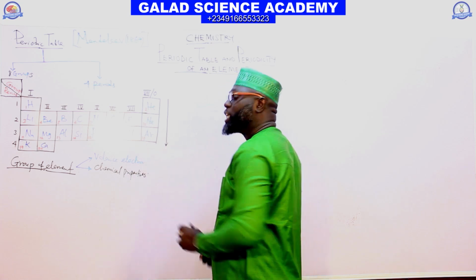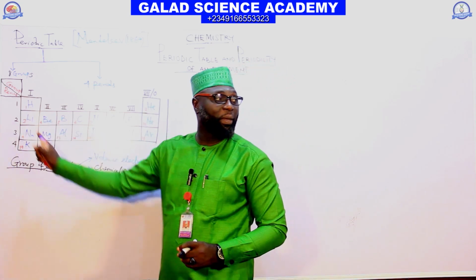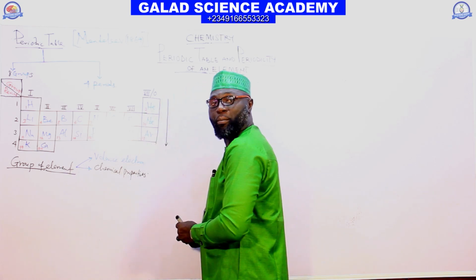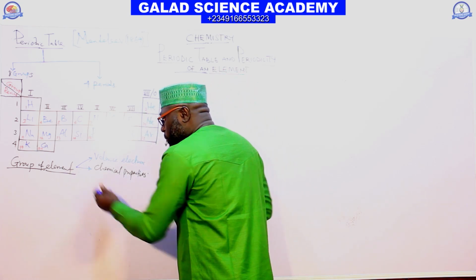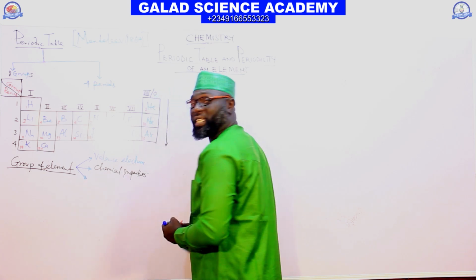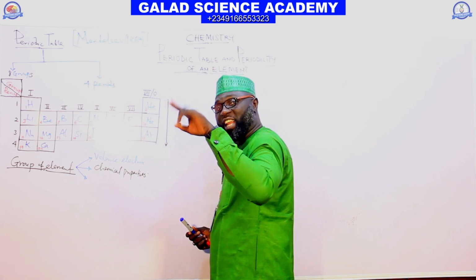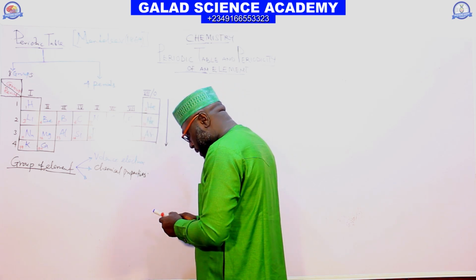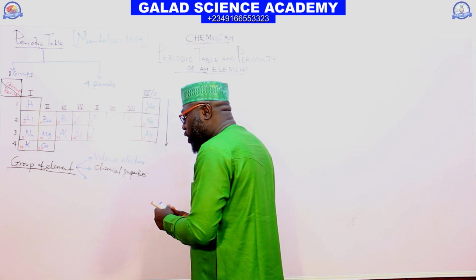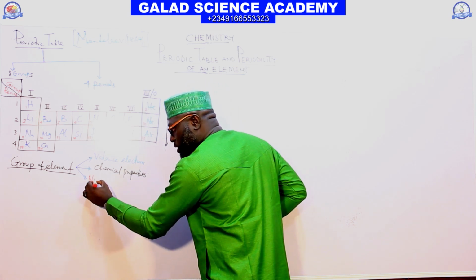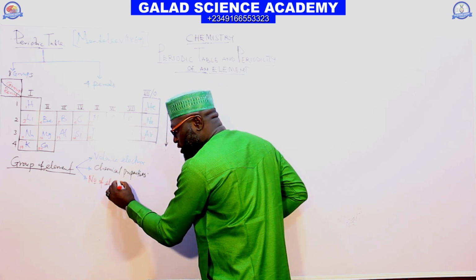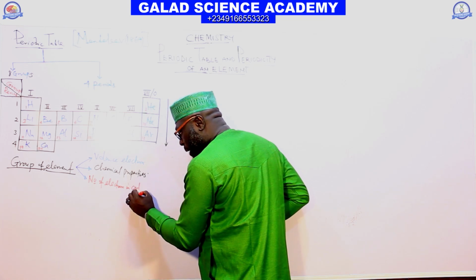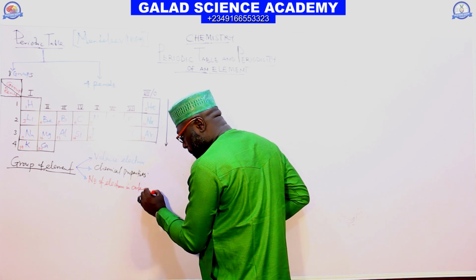And again, the group of an element can be determined by the number of electrons in the atom's shell. So the group of an element can be determined by valency electron, or number of electrons in the outermost shell.